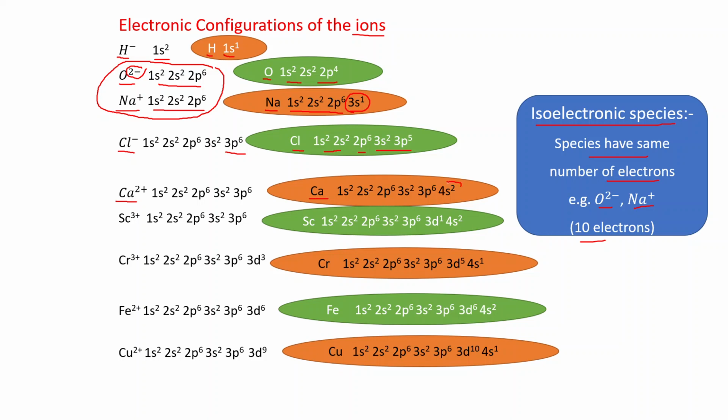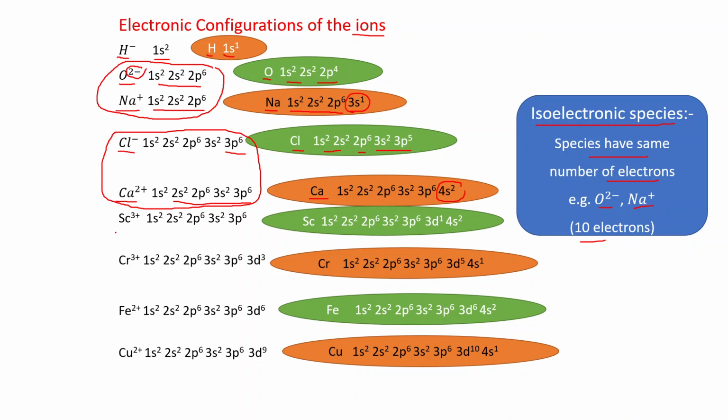And from the outermost shell, when 2 electrons are lost, then it becomes 1s2, 2s2, 2p6, 3s2, 3p6. Then again you can compare the number of electrons in these two species. Both have 18 electrons. That's why chloride ion and Ca2 plus ion are both isoelectronic with each other.